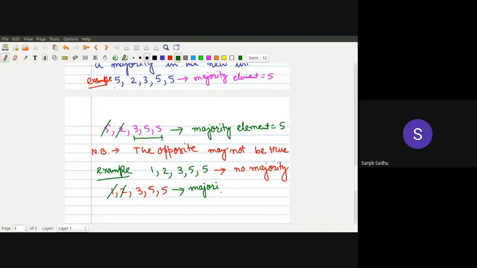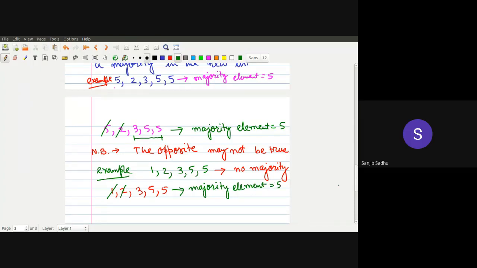So once I delete the elements, I need to check whether the new majority element was really a majority in the original list or not. Therefore we'll take care of this.